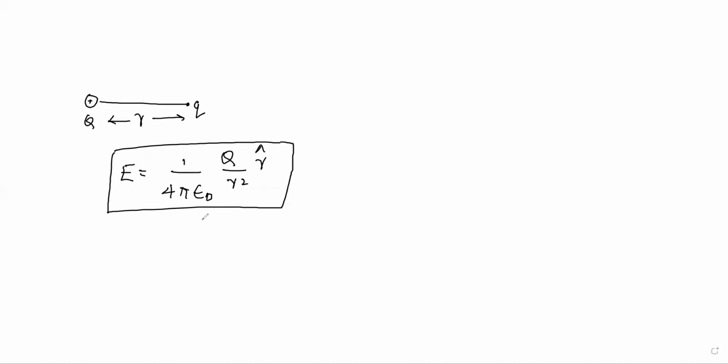And also we learned, and this was very important, and today's chapter is based on this concept, that if the charge Q is positive, then the electric field will be radially outward, because there is a repulsive force. And if the charge Q is negative, the electric field will be in the inward direction, that is radially inward.